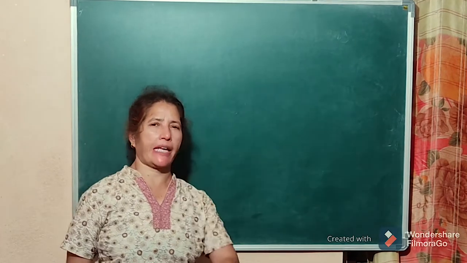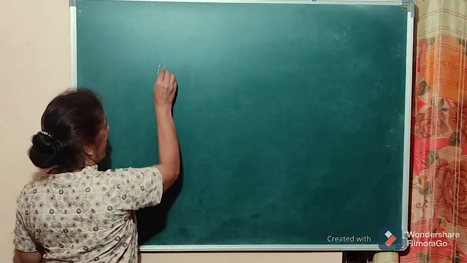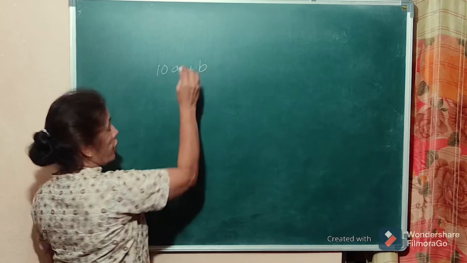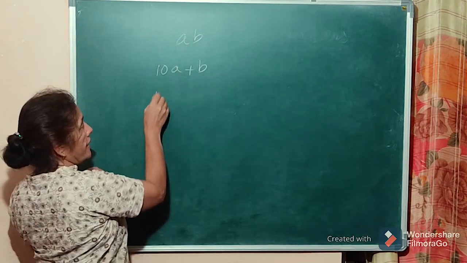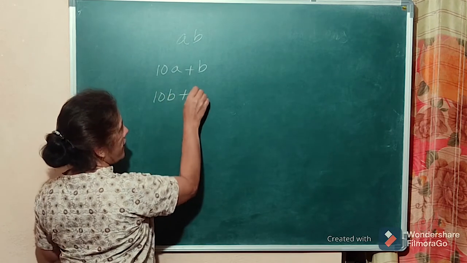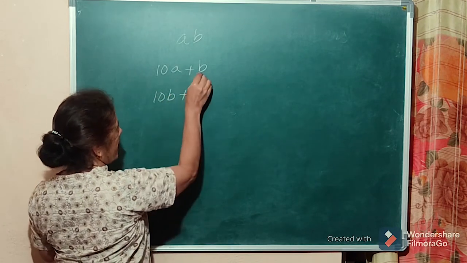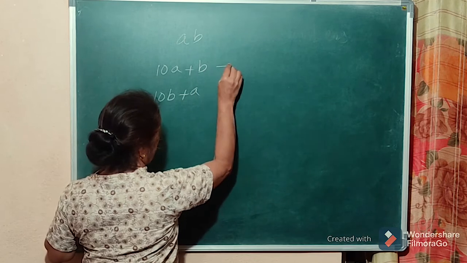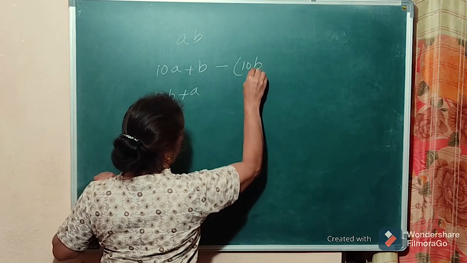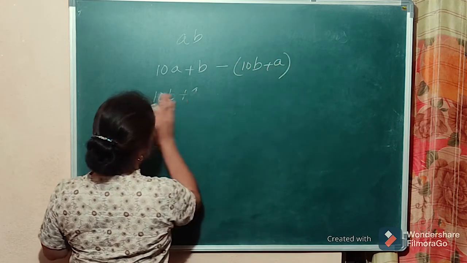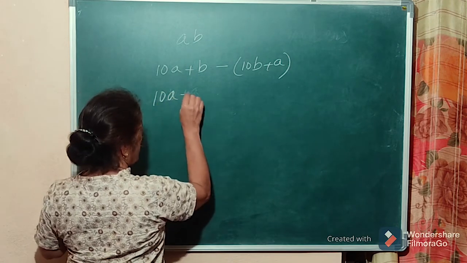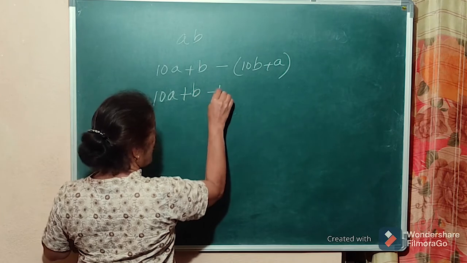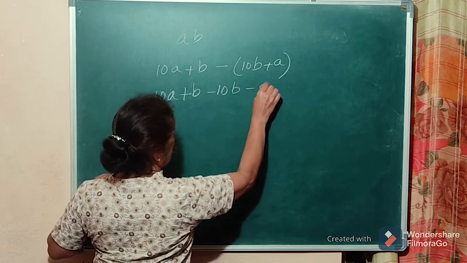So what is the trick behind it? Any two-digit number can be written as 10a plus b. When you reverse the digits, it is 10b plus a. When you subtract, 10a plus b minus (10b plus a), what do you get? 10a plus b minus 10b minus a.